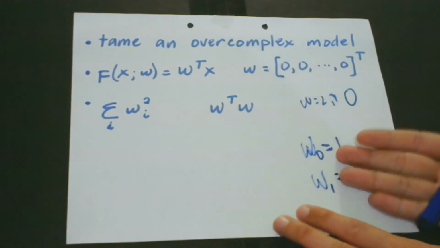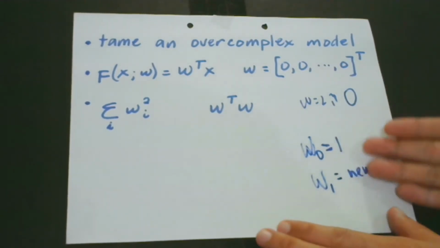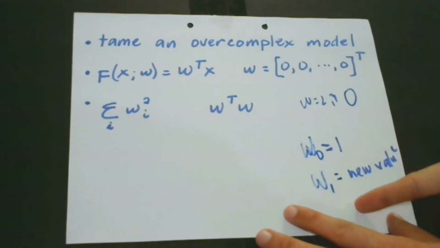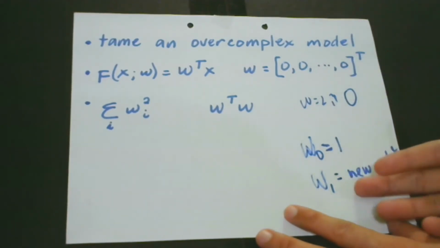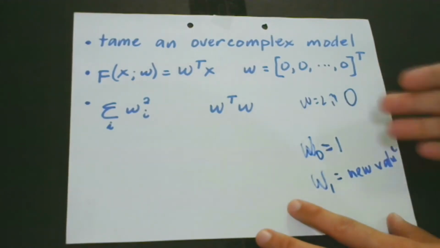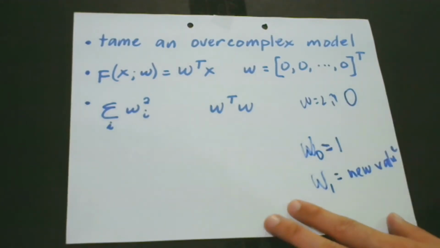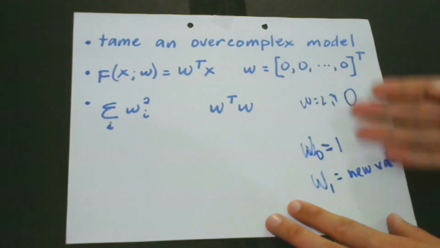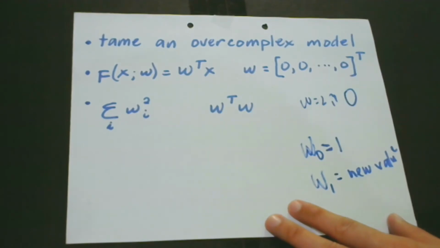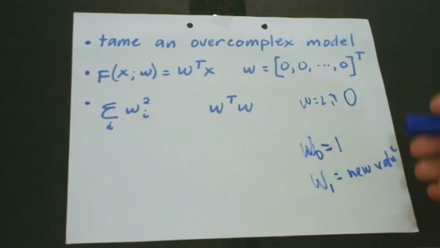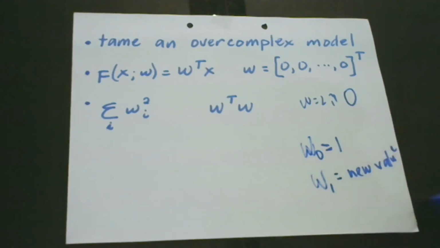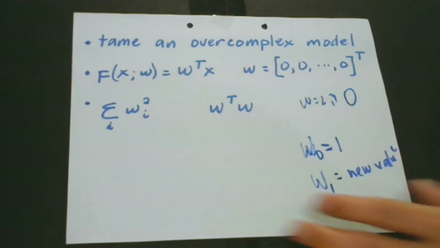This means that if we assign a non-zero value for each parameter, w0, w1, or in some cases w2, w3, w4, and so on, then our model is really becoming more complex. We are adding more parameters, and the more parameters we add, the more complicated our model becomes.